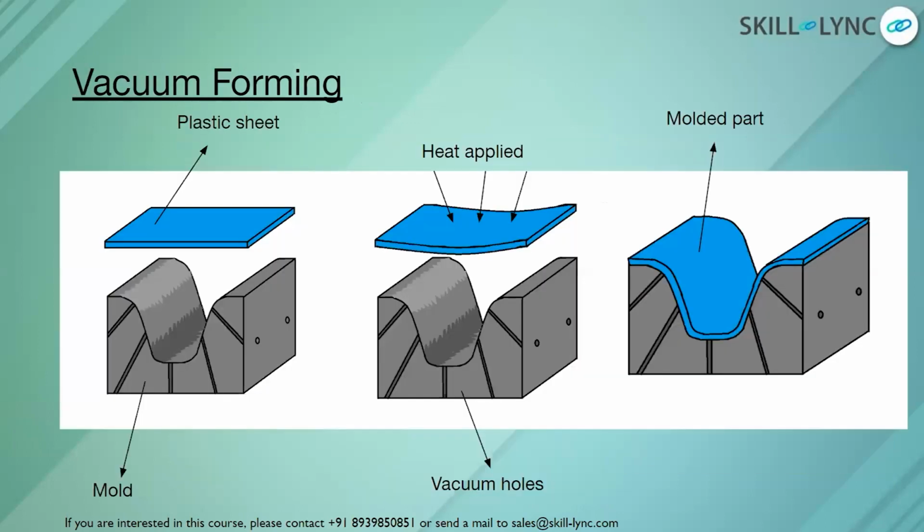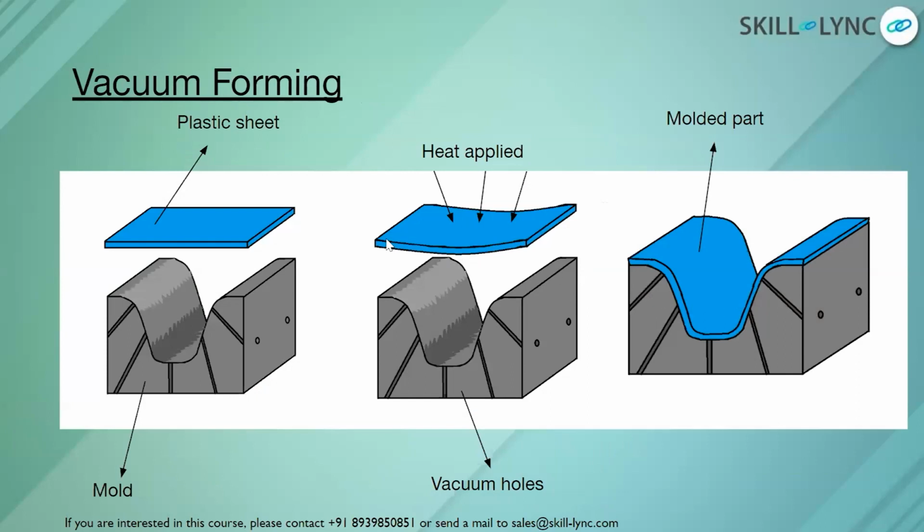Now another process is vacuum forming. Here we have sheets of plastic material available, and a mold which has vacuum holes where the air is sucked out for the plastic to take the shape.